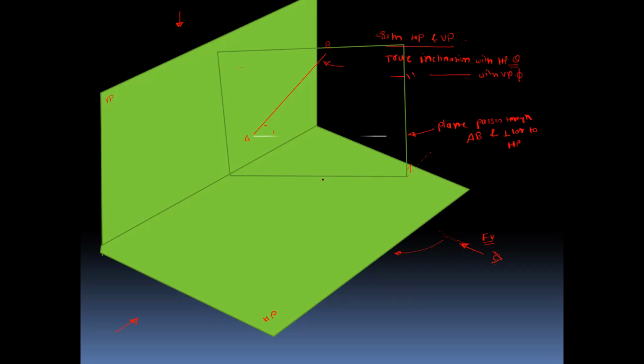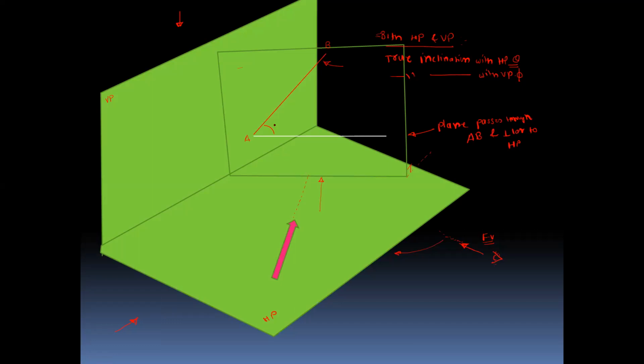That means we need to observe in the direction perpendicular to the imaginary plane which is passing through line AB. If you observe in this direction, represented by the arrow, we can observe the true inclination with respect to the horizontal plane.